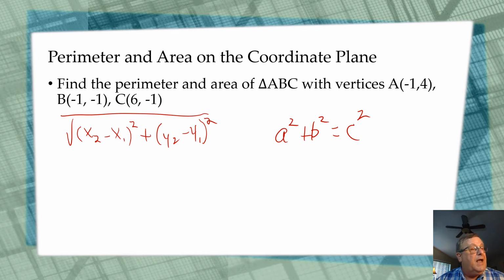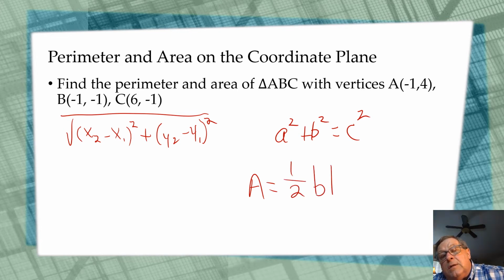And to find the area of a triangle, we know that the area is equal to 1/2 times the base times the height. So let's move over here to a piece of graph paper. We've got the distance formula, the Pythagorean theorem, and the formula for the area. For the perimeter, we just add the measures of the distances of the sides.